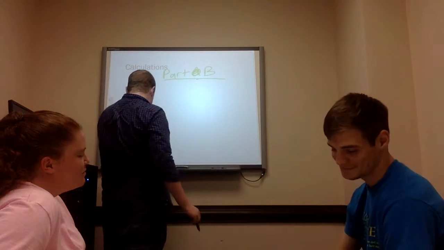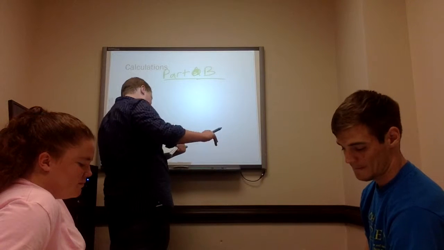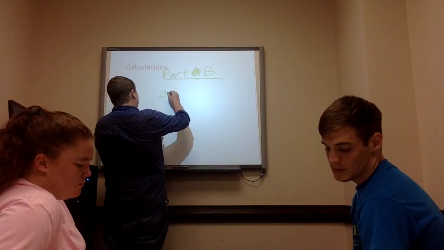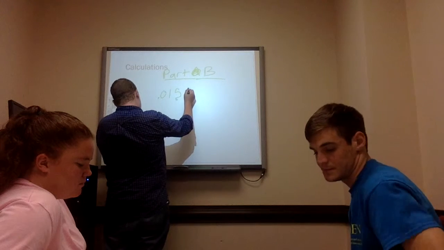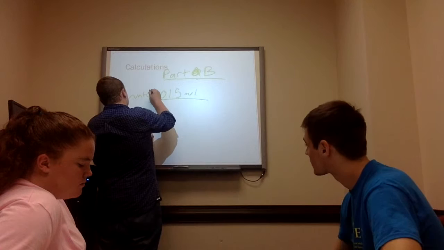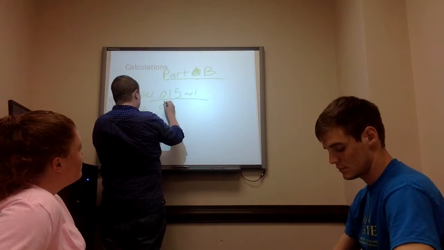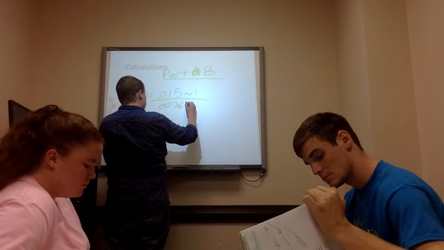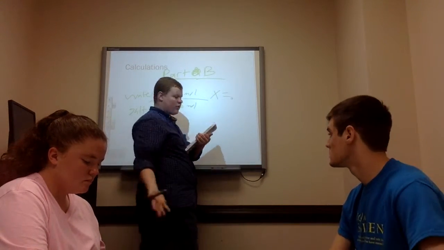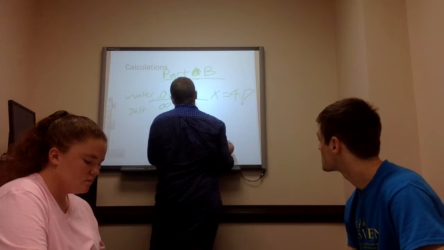So, you take those numbers. We're going to flip from what I did. We're going to do water first, just for my sake. And we had 0.015 moles of water. Salt down below. That gives you 0.0036 moles. X, which is what you put out in front of your H2O, was 4.17.